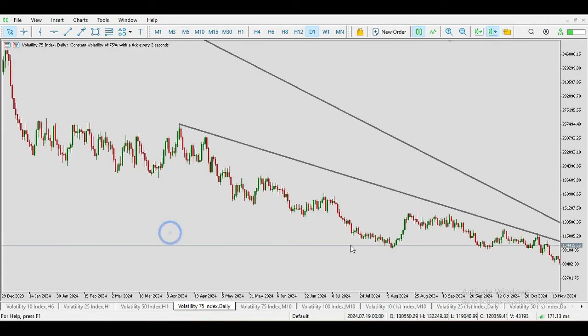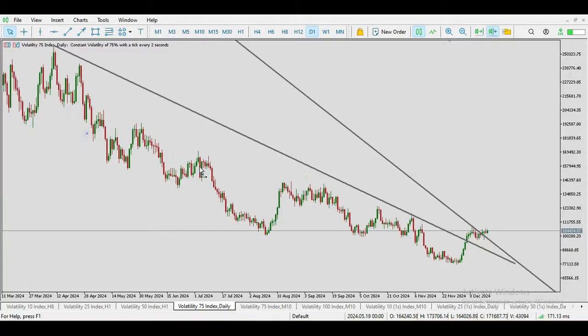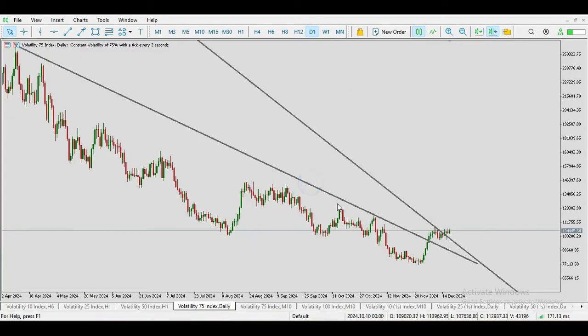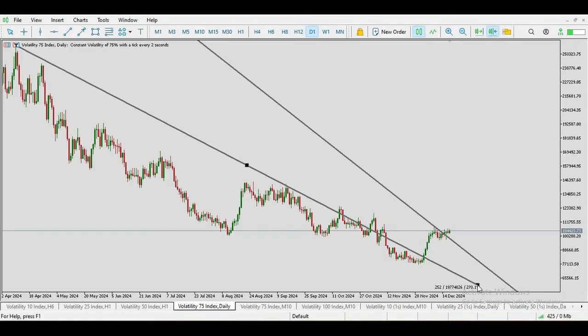Now, this is the daily time frame, right? And I just drew a trend line picking out here and also here, then all the way down, which is exactly what you can see here. I would have put this particular trend line just like this, but this high here is higher than this high, right?